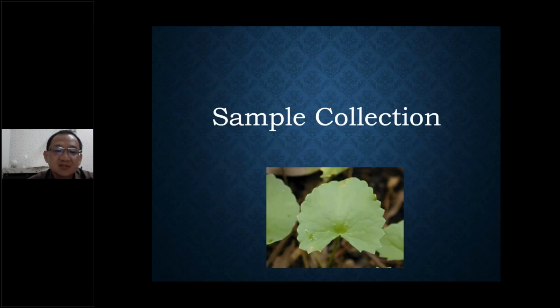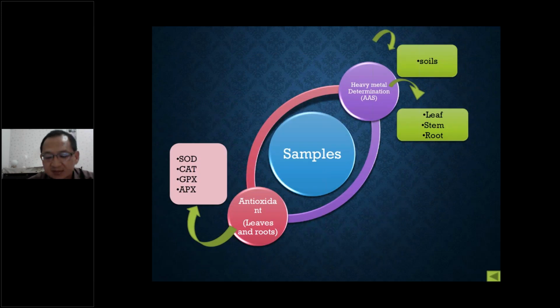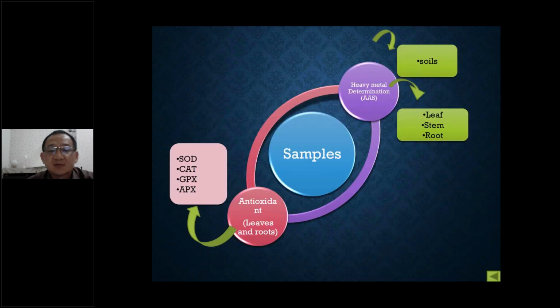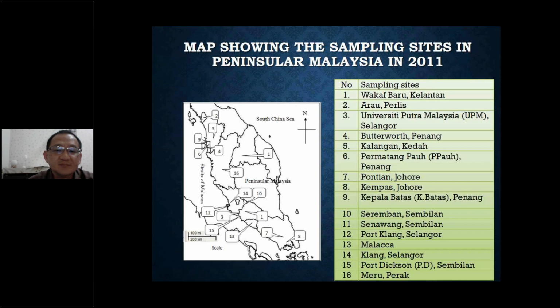For methodology, we collected samples from around 16 sites in Peninsular Malaysia, and later analyzed them for the three metals in the different parts of the plant and also in the soil. The plant parts were also analyzed for antioxidant levels in the leaves and roots, focusing on the four enzymes.